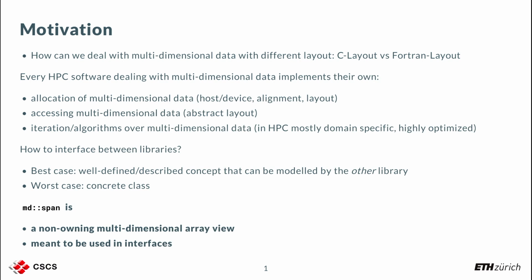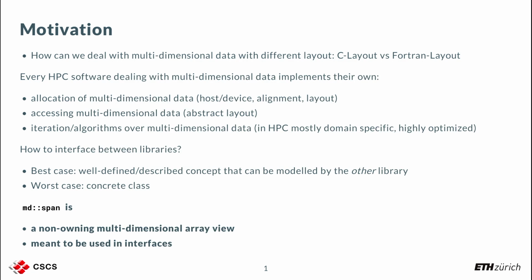You might have your data in C layout or in Fortran layout, and you're interfacing between them, and then the memory layout is different. Your algorithms have to be written in a different way because of all that. And if you are in HPC and you're dealing with multi-dimensional data, you're probably doing these three things that are mentioned here on your own.